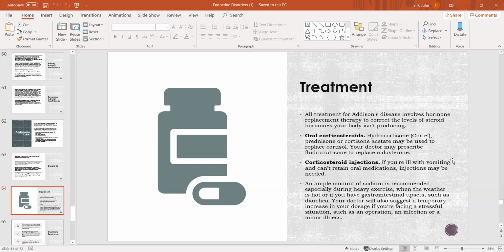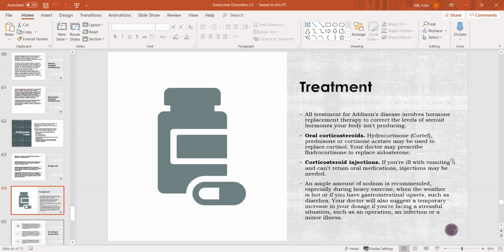Your doctor will suggest a temporary increase in your dosage if you're facing a stressful situation, like a sickness or a surgery. So you're actually taking sodium pills.